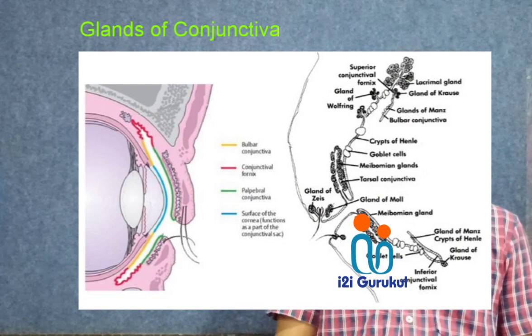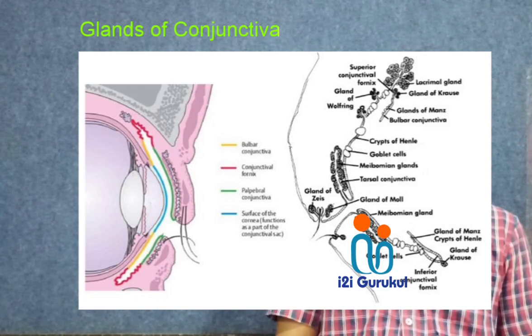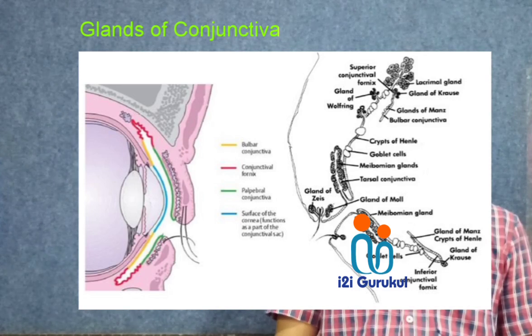Now I am going to discuss the glands of the conjunctiva. Glands present in the fornix conjunctiva are the glands of Krause, found in the upper and lower fornix, which help with accessory tear secretion. Second, glands present in the palpebral conjunctiva are the glands of Wolfring, found in the tarsal conjunctiva, which help with accessory secretion of tears. Next, the crypts of Henle, found in the orbital conjunctiva, help form the horizontal folds of the mucous membrane in the orbital region.